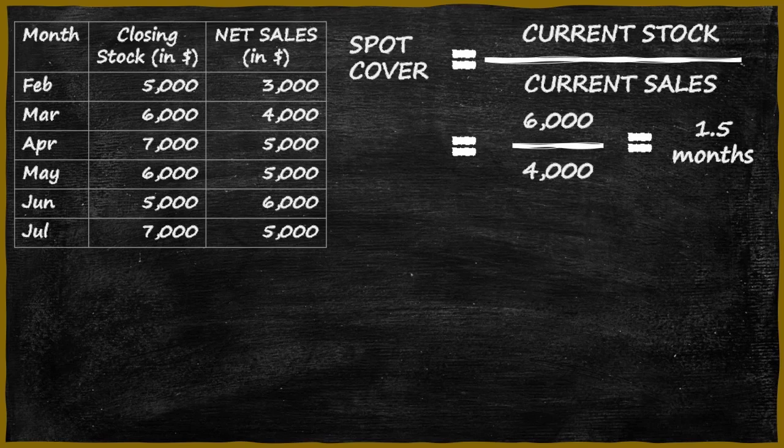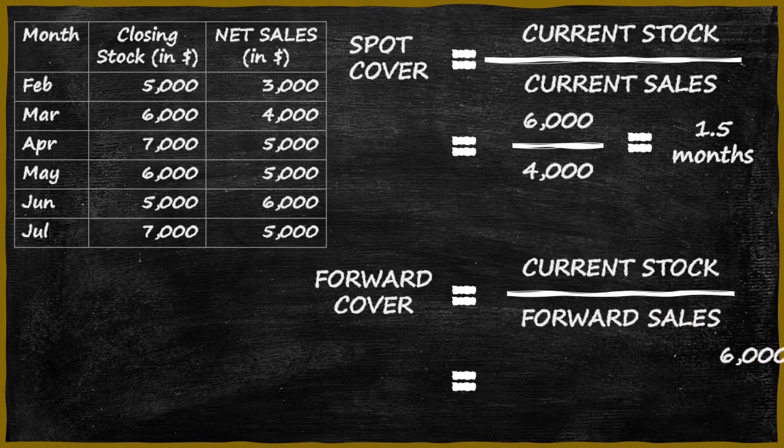We look at the current stock, which is 6,000 at the end of March, and divide that by the current sales, which is 4,000 for the month of March. That gives us a stock cover of 1.5 months, which means that with the 6,000 closing stock that I have, I can continue to sell for another 1.5 months till the time I run out of stock.